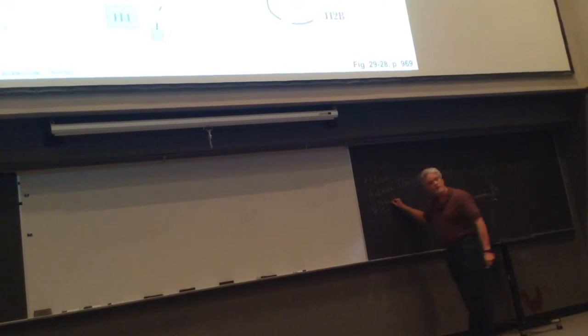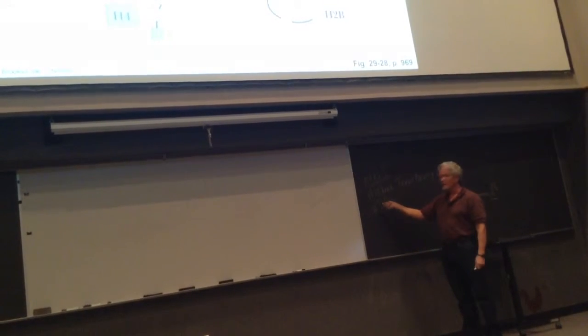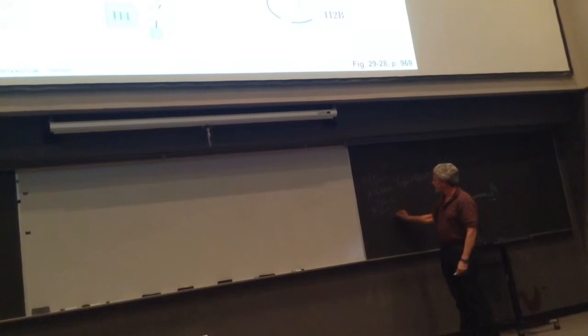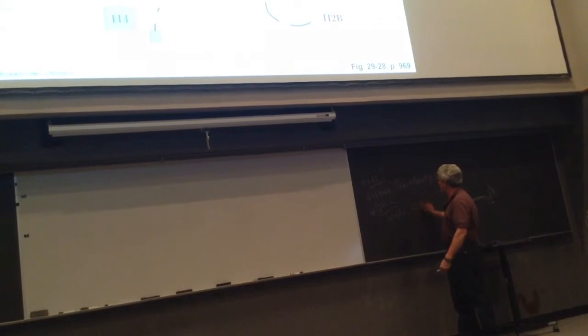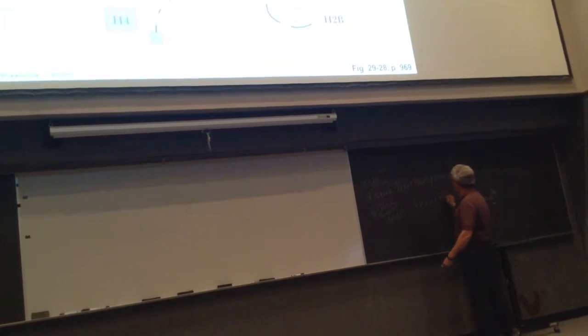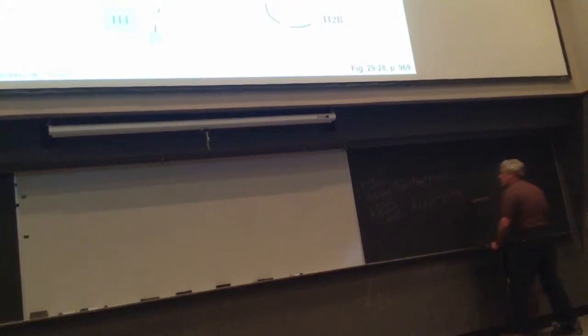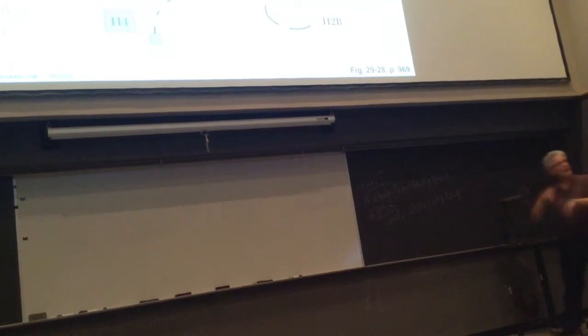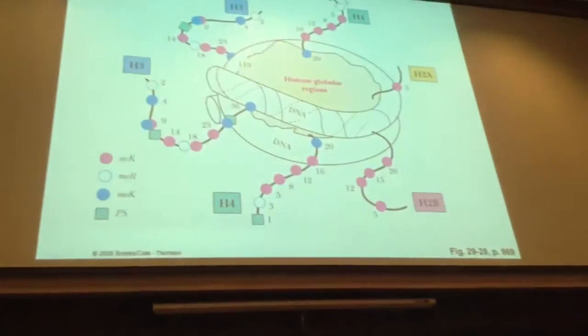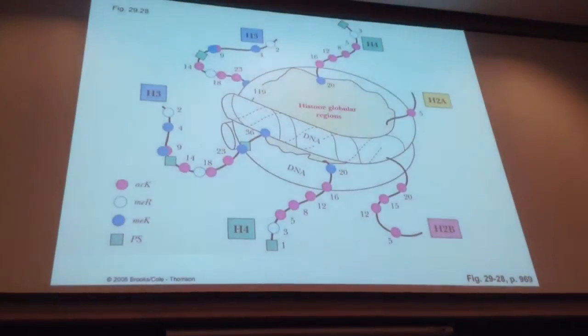And HDAC stands for histone deacetylase. So those are the enzymes. Those enzymes regulate whether or not that DNA is available for the binding of the proteins at the promoter region. So this is another level of regulation, right? Is everybody still with me?